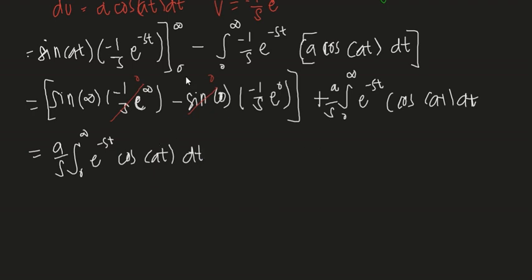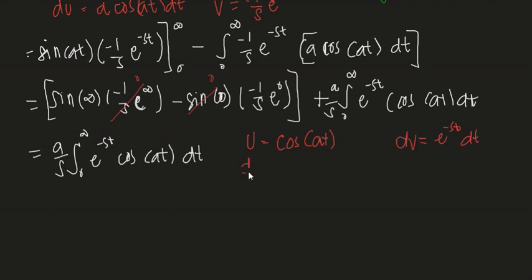So, amo na ang isubong mabilis sa atin. So, aton u will be equal to cosine at. Okay, so u will be equal to cosine at. Then dv natin will be equal to e raised to negative st dt.